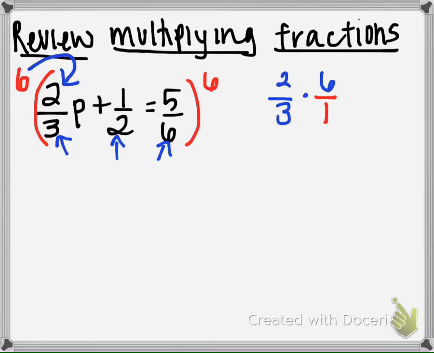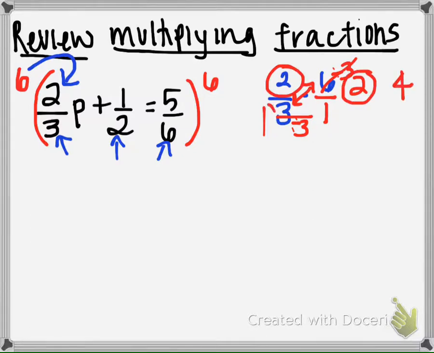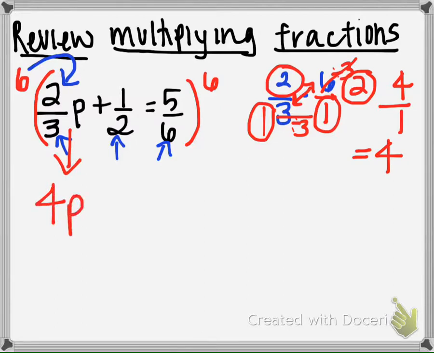And when you multiply fractions, to review, you are allowed to simplify diagonally. So 3 goes into 3 once, so that cancels out, and 3 goes into 6 twice. Then I multiply straight across, and 2 times 2 is 4. And 1 times 1 is 1, so all I'm left with is 4. So that's why this changes to 4p.